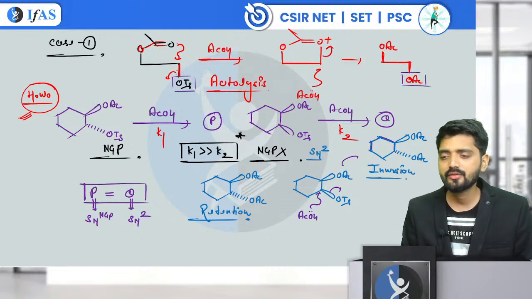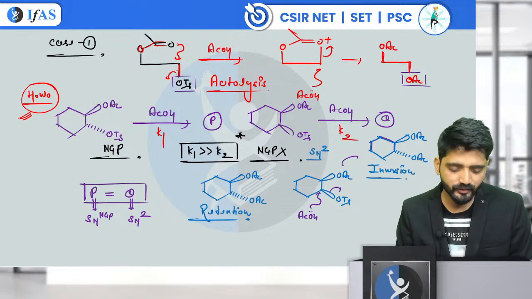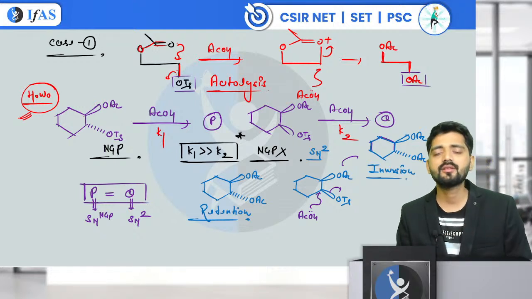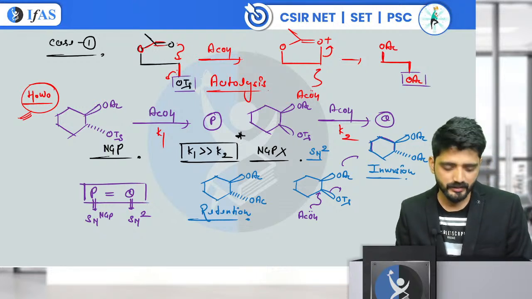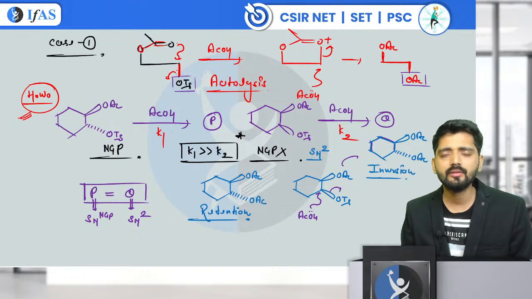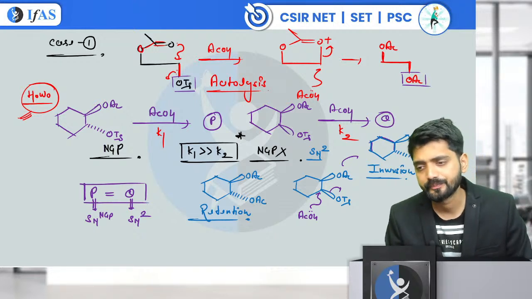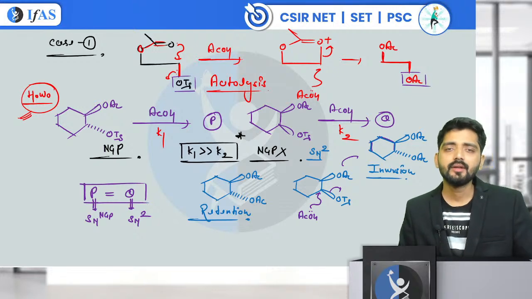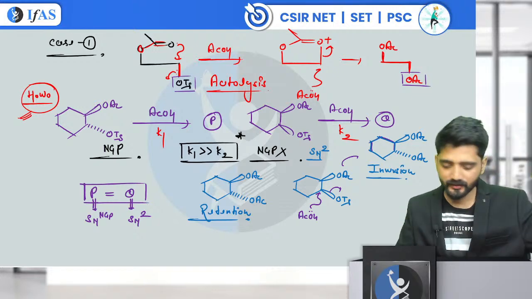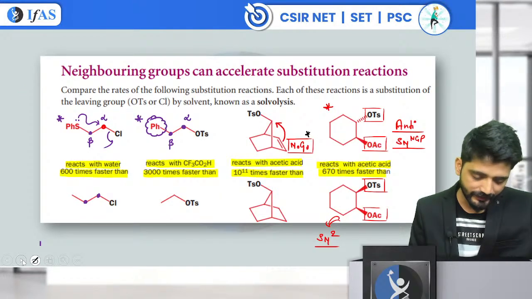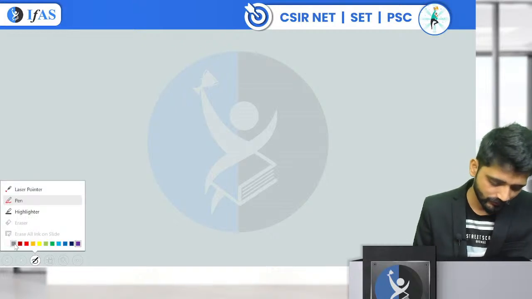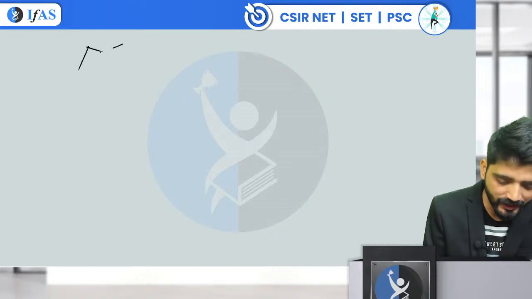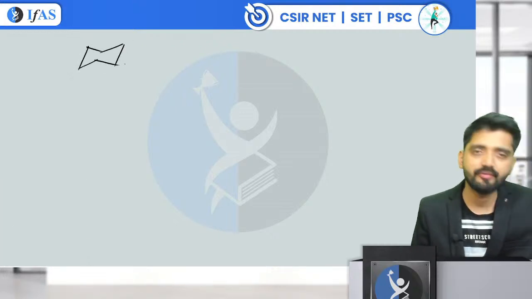So if you have understood this, then we will move ahead and we will draw these substrates into chair form and we will try to solve their mechanism also. See, we have two substrates here, a 6-membered ring, so I will be moving on to a blank slide. So let's suppose I have a chair form.